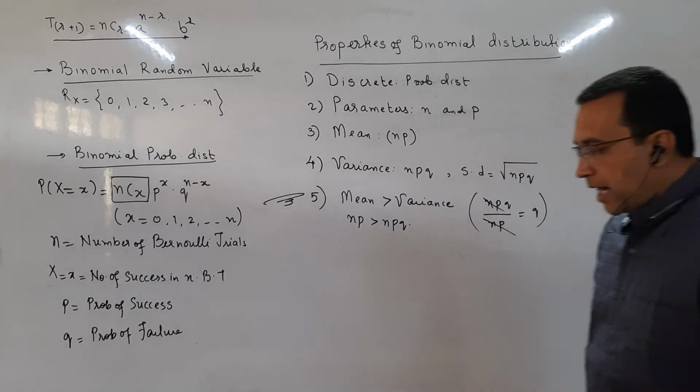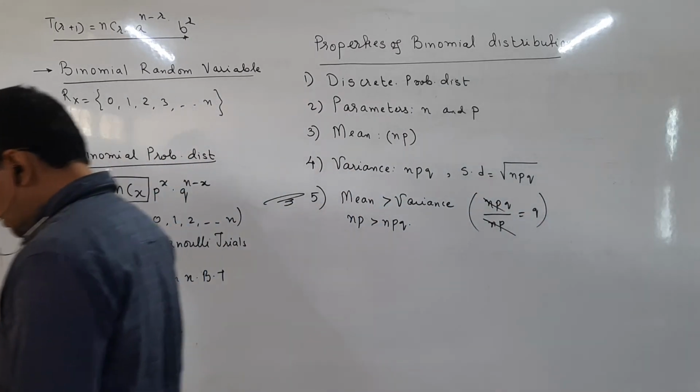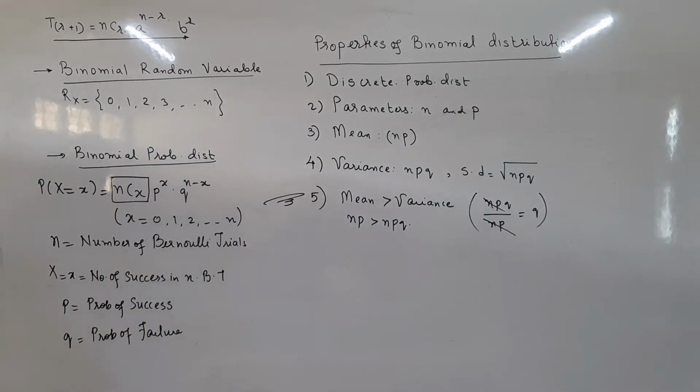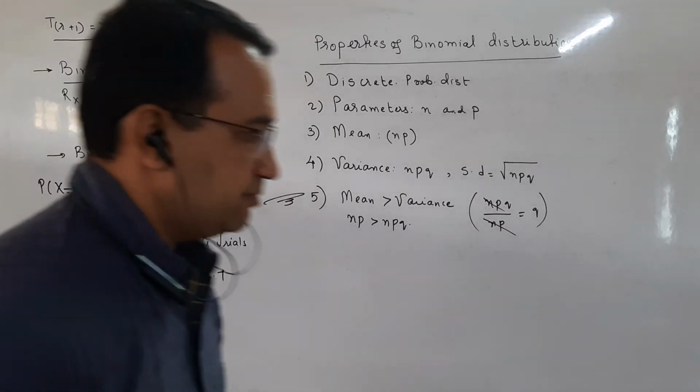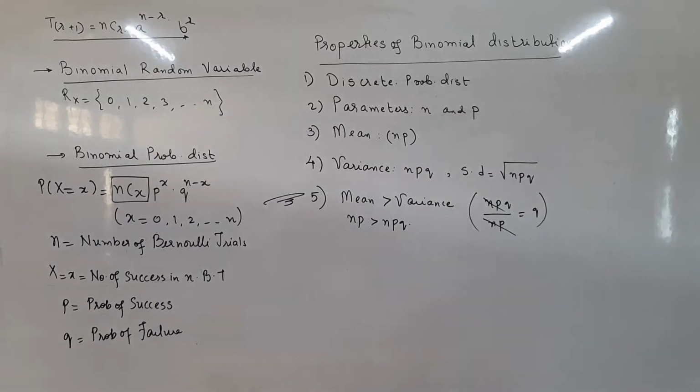For a binomial distribution, students, mean is always greater than variance, and variance upon mean gives us q, where q is the probability of failure.